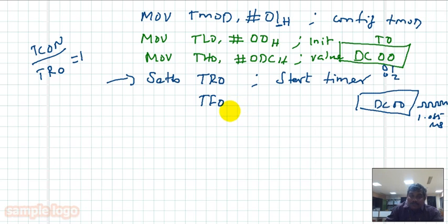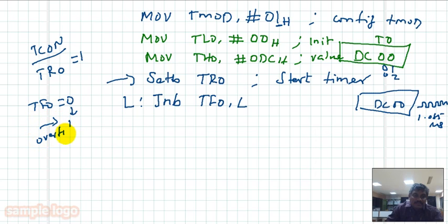And how does the microcontroller know whether the timer has reached overflow or not? With the help of a bit called TF0. What is TF0? There is a bit called TF0 in the TCON register. Normally the bit is 0. It becomes 1 when the timer overflows. This bit indicates whether the timer has reached overflow. And what is this instruction? Here I'll write wait for overflow. This instruction keeps monitoring the TF0 bit.